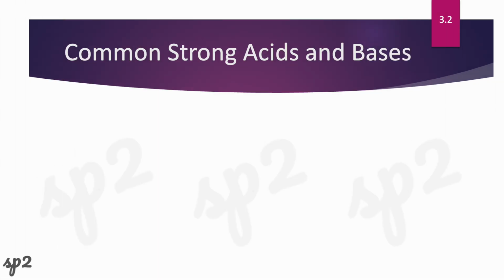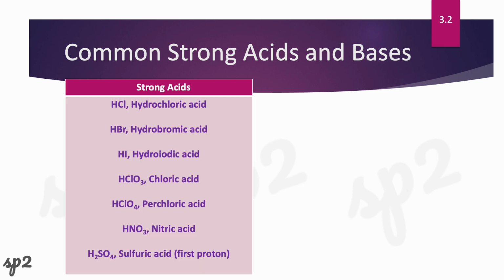Now, here is the list of the common strong acids and bases. I'm going to start with the strong acids. As you can see, you have their names as well as their chemical formulas. So I have hydrochloric acid, HCl, hydrobromic acid, HBr, hydroiodic acid, that's HI, right?